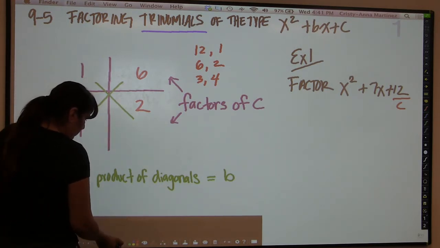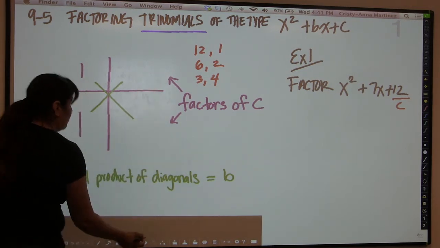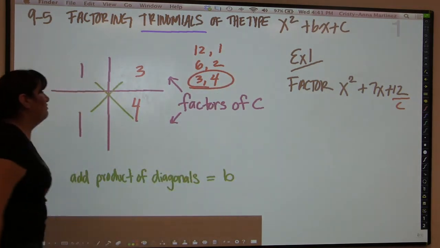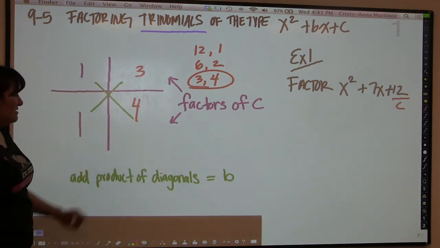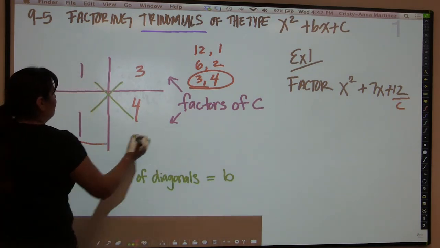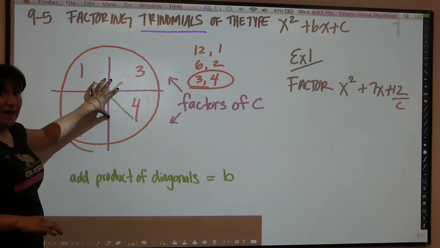By now you're probably pretty clever, and you know that the real answer should have been 3 and 4. If I choose the factors 3 and 4, then 3 plus 4 is 7, and 7 is the B value. So once I have this quadrant filled in, this is basically my answer.